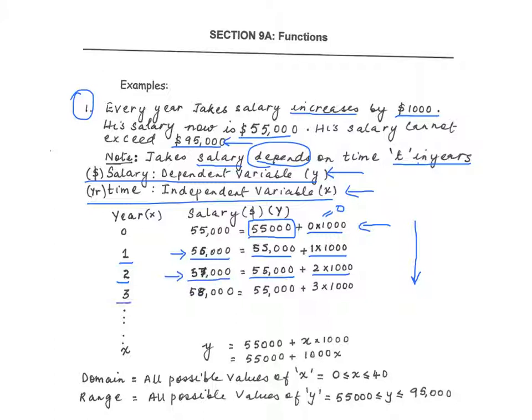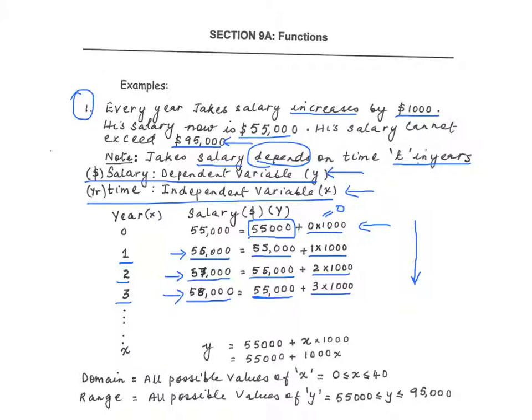So in the third year, following the same pattern, there are 3 increments of $1,000 in 3 years. So every year there's an increment of $1,000. So it's 3 times $1,000. That is the increase from the initial value of his salary, which is $55,000. And in year 3, his salary is $58,000.